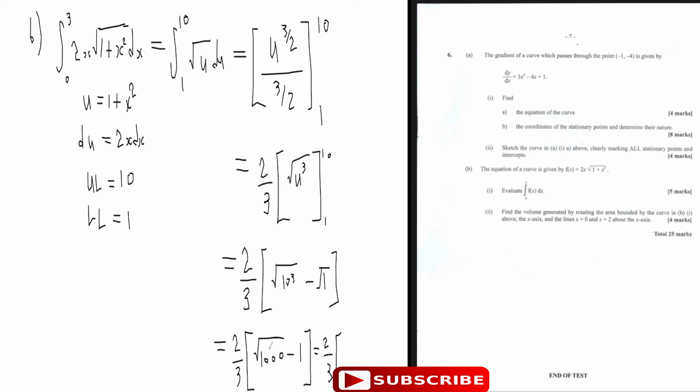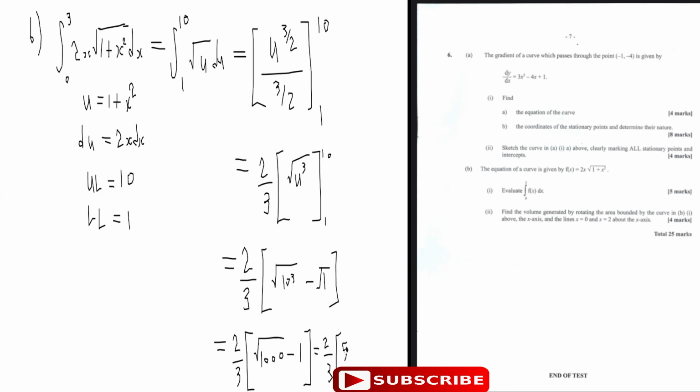1,000 is really 25 times 40, and so that's 5 times the root of 40. And the square root of 40 can be broken down as 4 times 10, and the square root of that, 2 times 5 is 10.